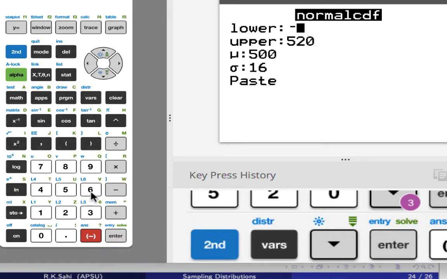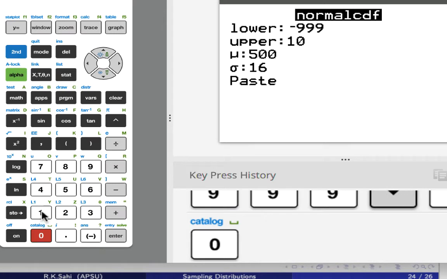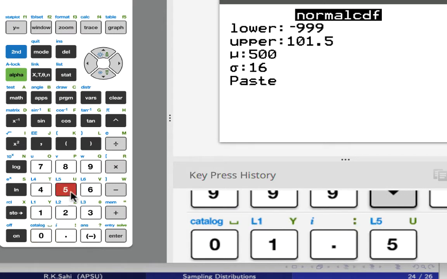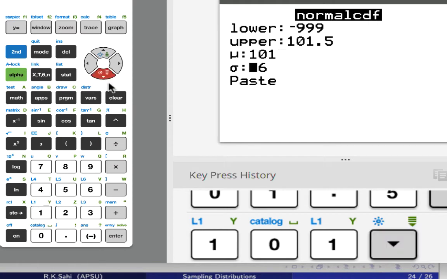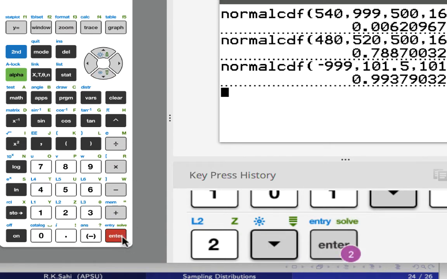Then 999, then the upper value, then the mean is 101 and the standard deviation is 0.2. Then take the cursor to paste, enter, enter.